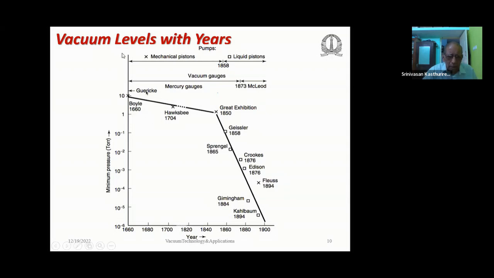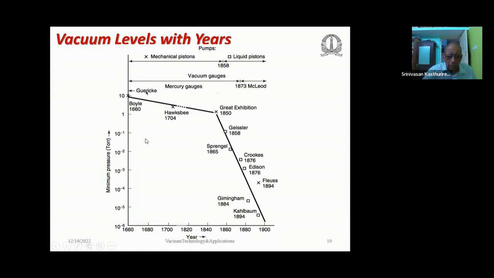Somewhere around the 1700s or 1800, roughly the 1850s, you can see mechanical piston pumps, and then liquid piston pumps. Then vacuum gauges had a lot of developments over the years. And you could see that up to 1900, people were already able to reach a pressure of 10 raised to minus 6 torr.